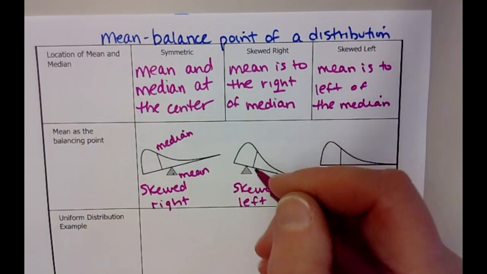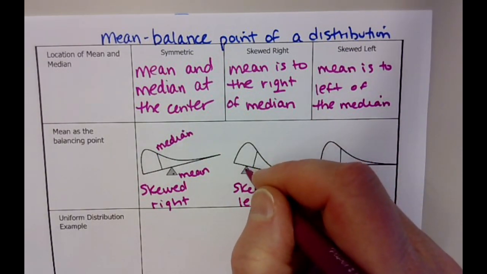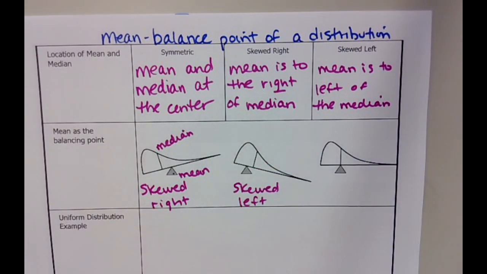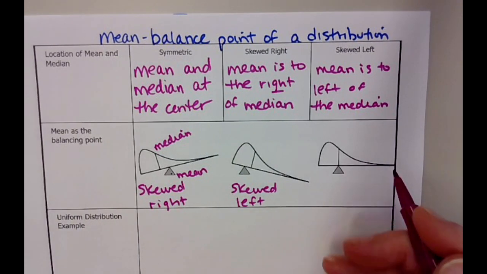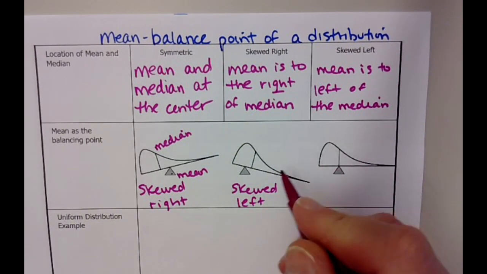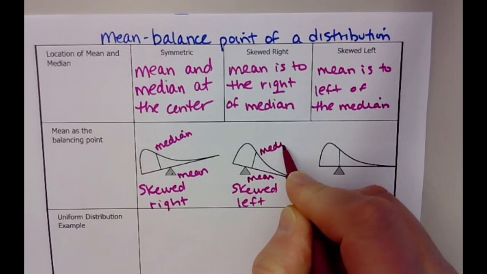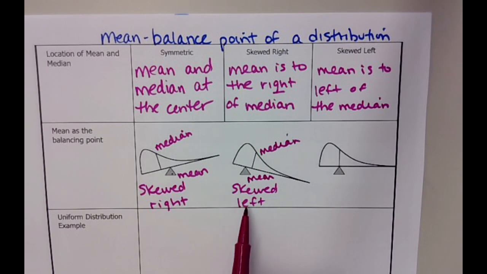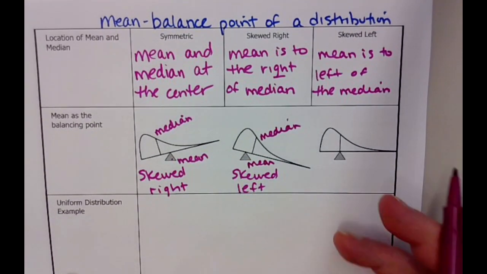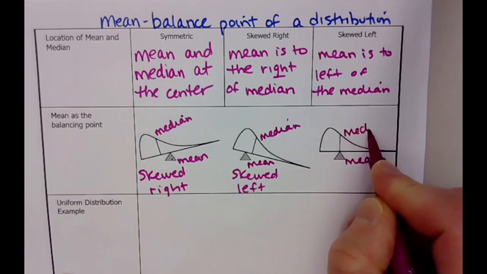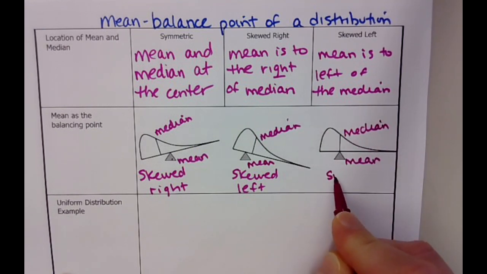So this is your mean. And then, of course, this third one is symmetric. Again, this is the mean and this is the median. All that I mean by being skewed left is that the mean is to the left of the median. In this one, the mean and the median are the same. So this is a symmetric curve.